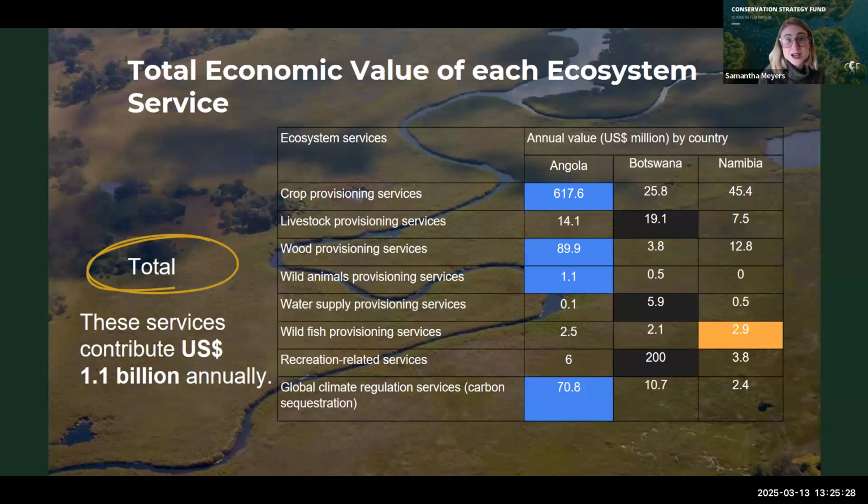So you can see under Botswana, the recreation-related services, so that's tourism, bird watching, traveling through the nature of Botswana, that accounted for $200 million US annually in economic value. Next slide, please.